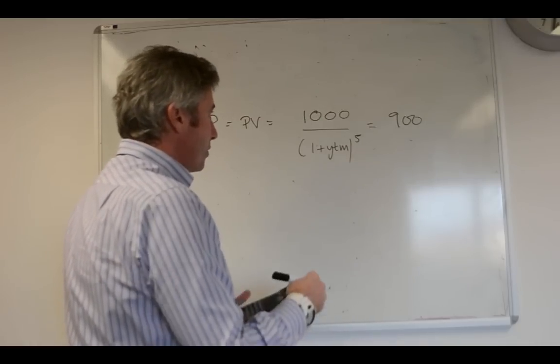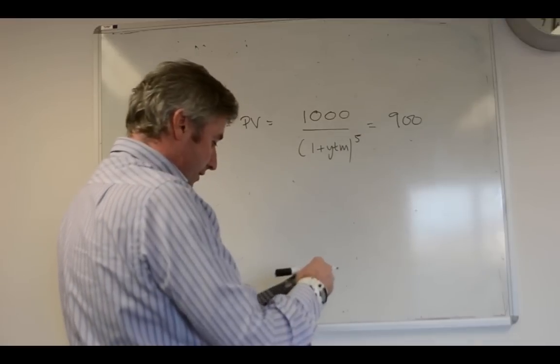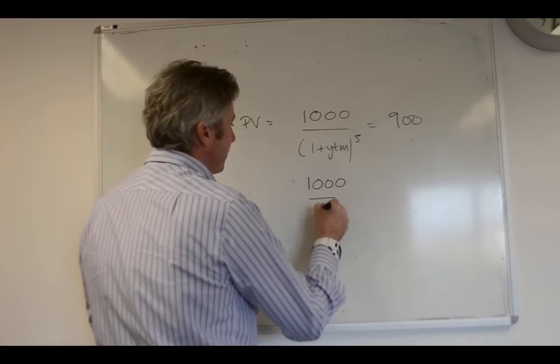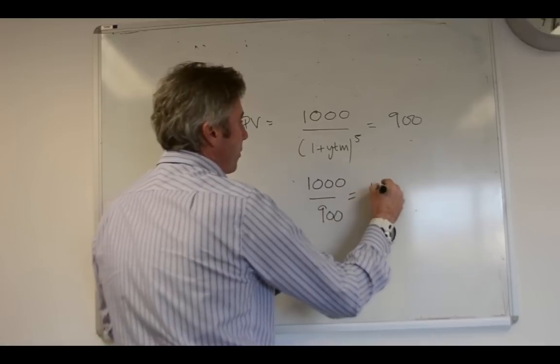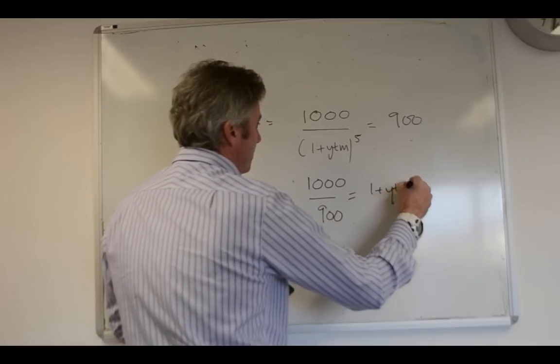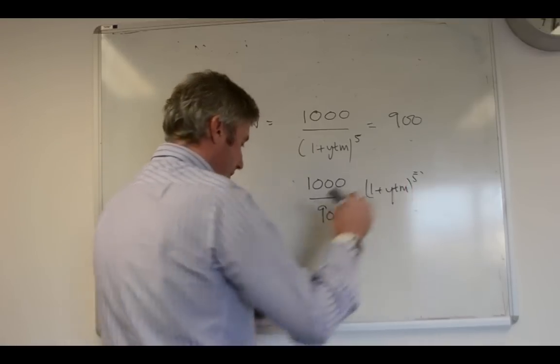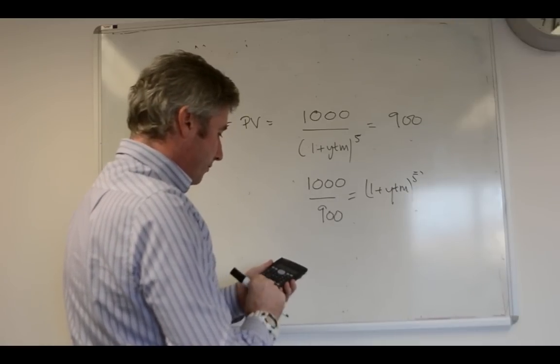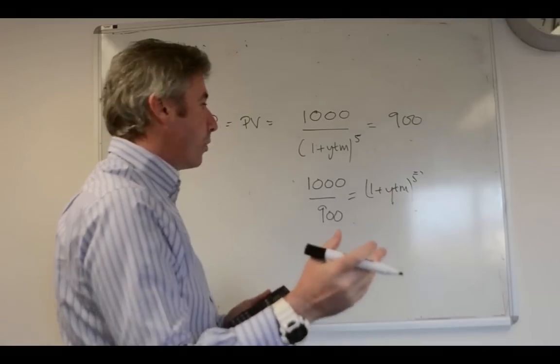Of course the way to solve this is to swap the 1,000 and the 900 around. So we get 1,000 over 900, that's equal to 1 plus the yield to maturity to the power of 5. So 1,000 divided by 900 is 1.1111.